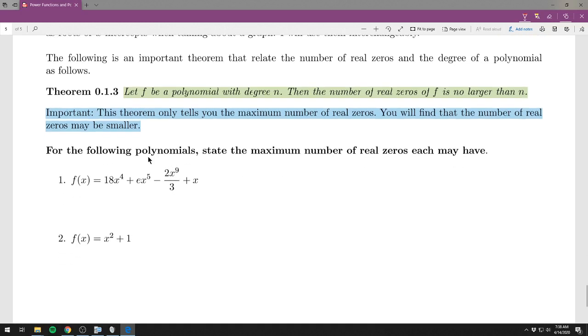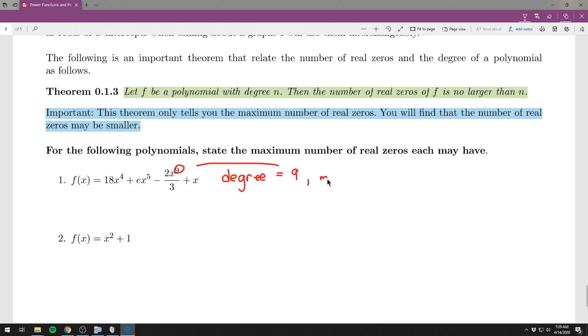Right, so for the following polynomials, I have a couple examples here. State the maximum number of real zeros each may have. Well, this first one here, as long as we write down the degree, it's going to be the same thing. The degree is 9, that same polynomial we've been looking at.